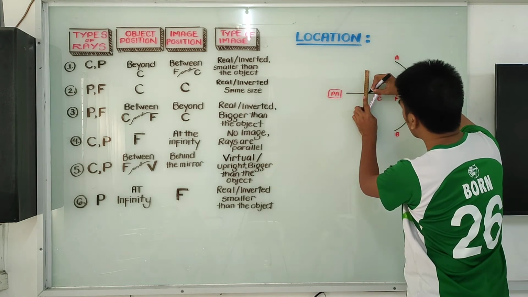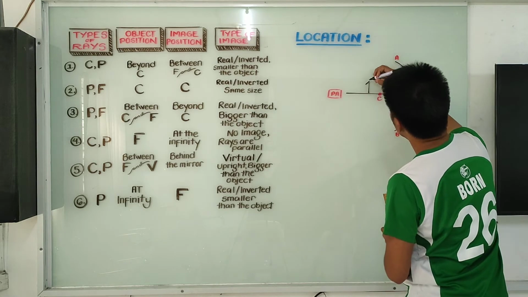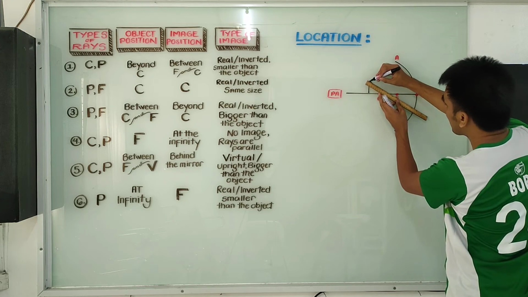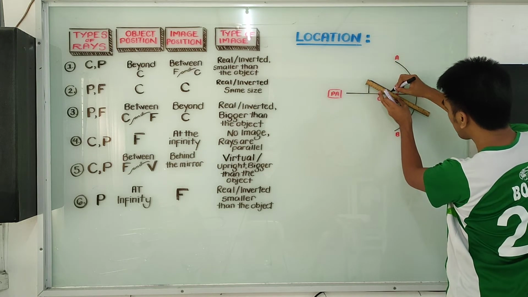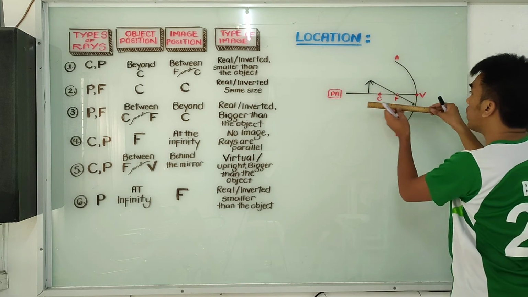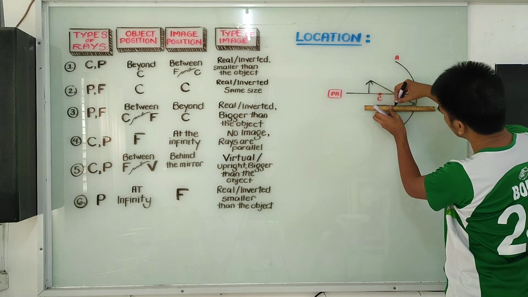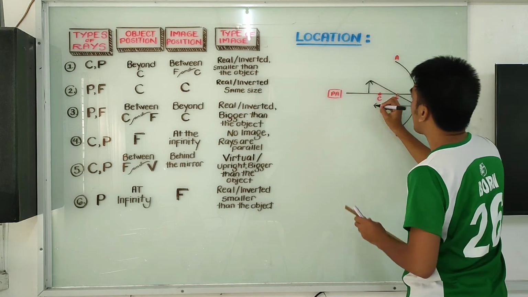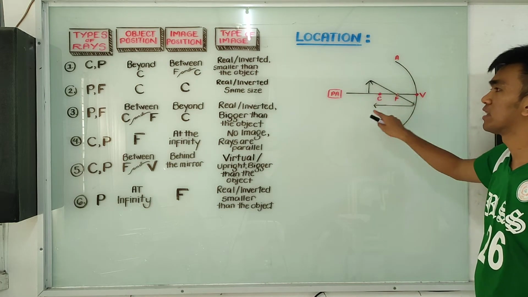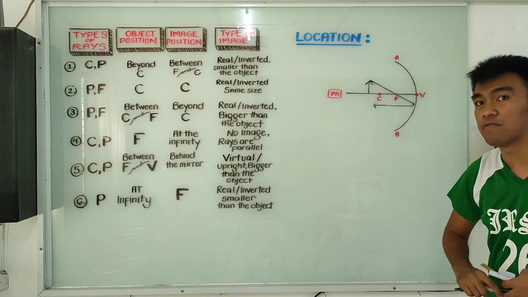So again, for example, this is the object, and just like what we've mentioned, any ray passing through the focal point, this is the focal point, will reflect parallel to the principal axis. So here, we use a focal ray.